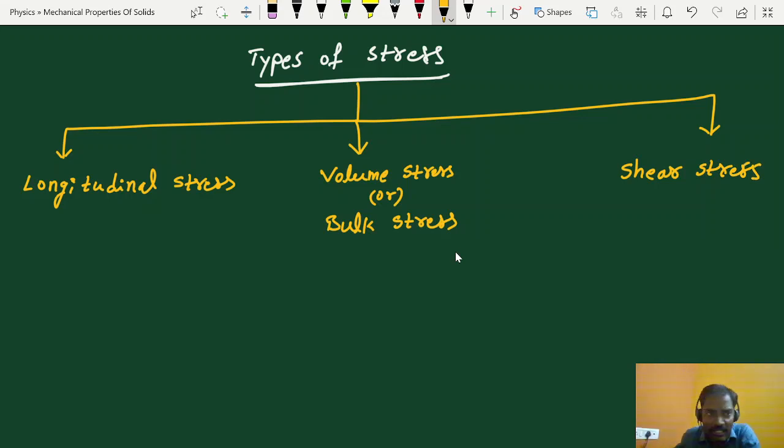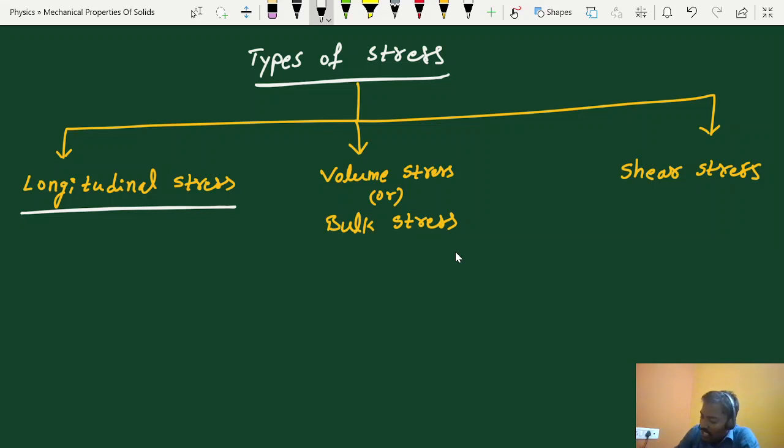So it's very simple to understand. Longitudinal stress is nothing but when the force acting on the body is perpendicular to the surface. The stress acting on the body is longitudinal stress.